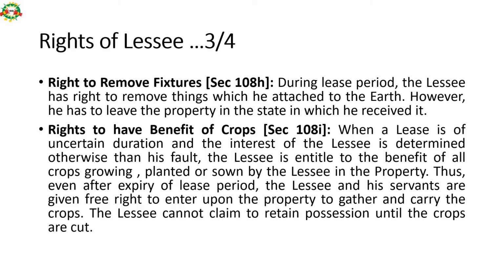So if I have taken land on lease for an undefined period, I have grown a crop of say wheat, and before cultivation of that crop is complete the lease gets terminated through no fault of mine, then I have all rights on that crop. Thus, even after expiry of the lease period, the lessee and his servant are given free right to enter upon the property to gather and carry the crops. The lessee cannot claim to retain possession until crops are cut.